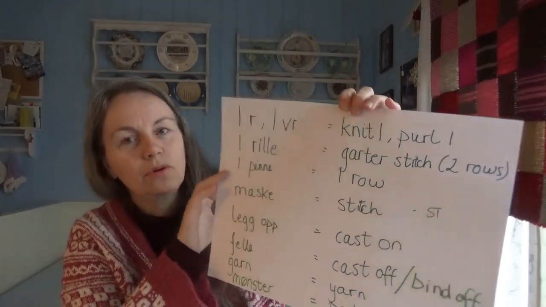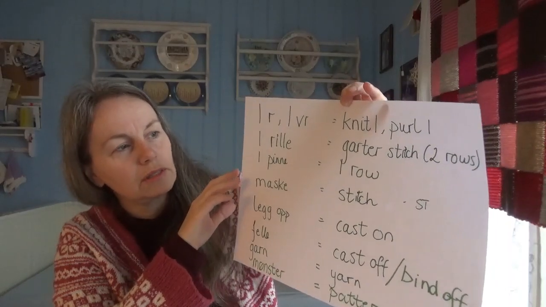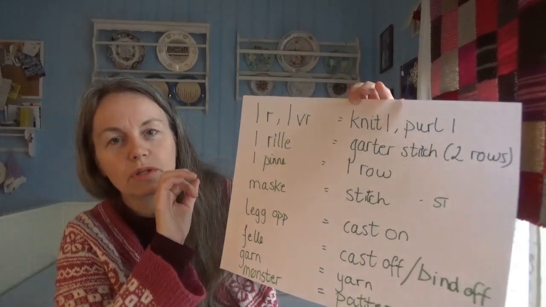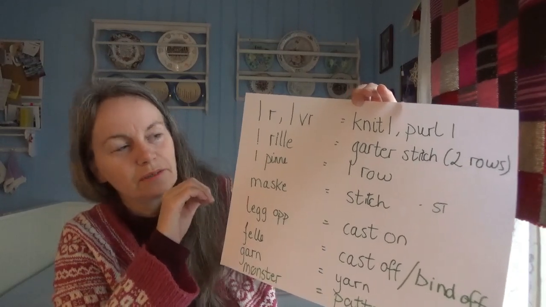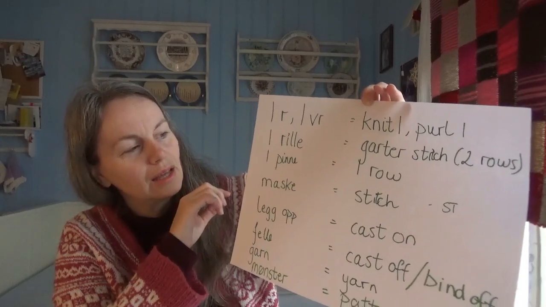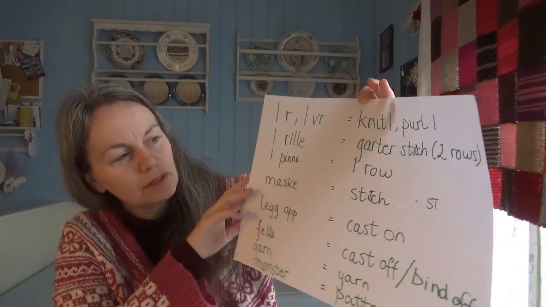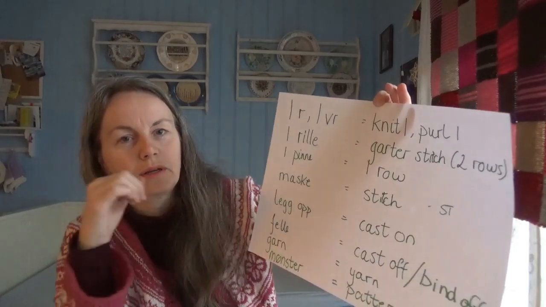Then we have en rille, that is a garter stitch, and that actually means 2 rows of knitting, just knitting. That makes 1 rille. Pinne, that is 1 row, or you could say 1 round.